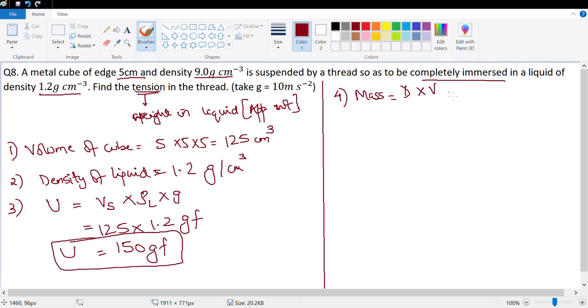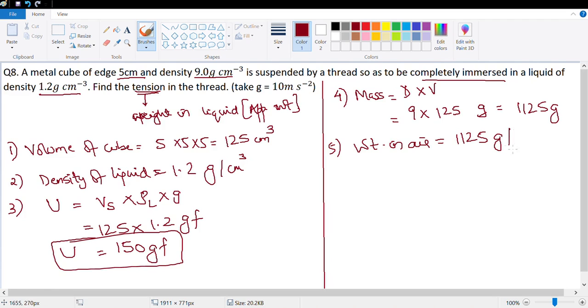So mass of solid would be equal to density, which is 9, multiplied with volume, which is 125. 9 into 125, that's 1125 gram. Therefore, weight in air would be equal to 1125 gram force.